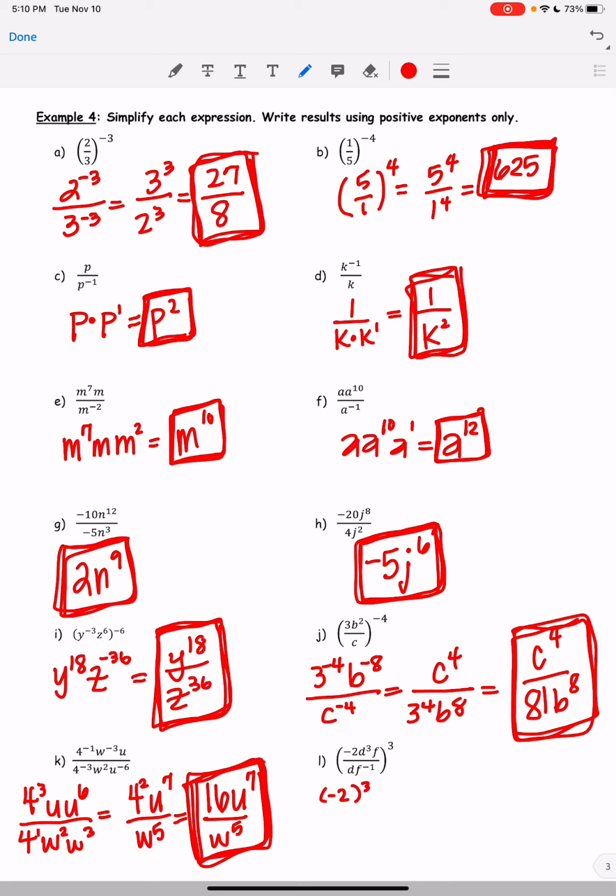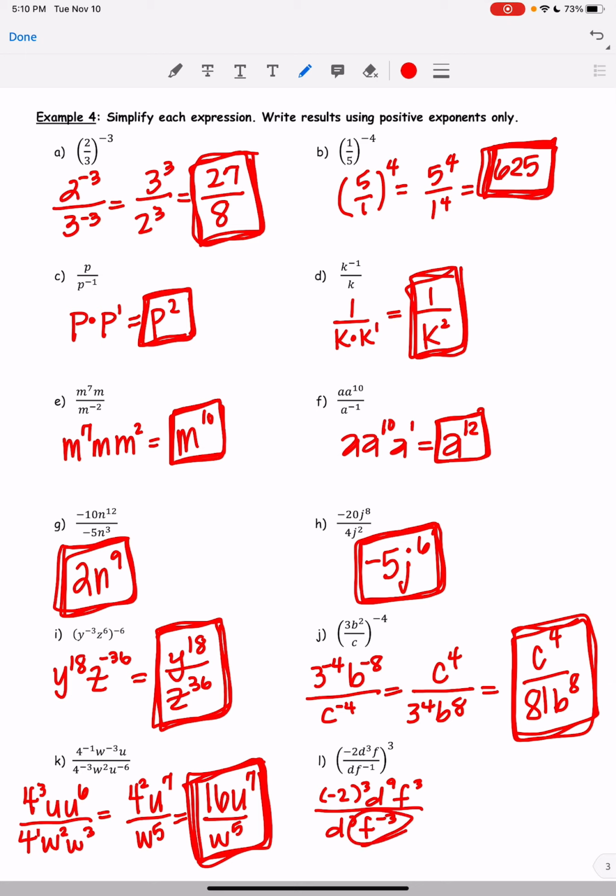It doesn't matter here since my exponent is odd, but if that's an even exponent, those parentheses are going to make a difference. So -2 in parentheses cubed. Then I'm going to have d to the 9th, 3 times 3, f cubed, 1 times 3, all over d cubed, 1 times 3, and f to the -3, -1 times 3.